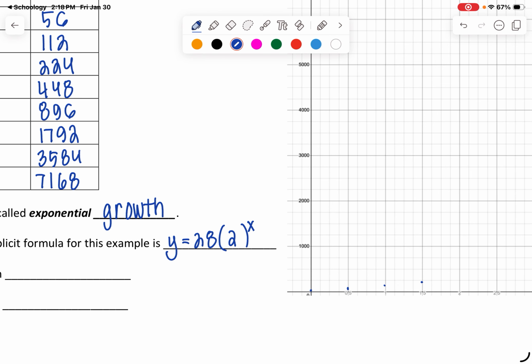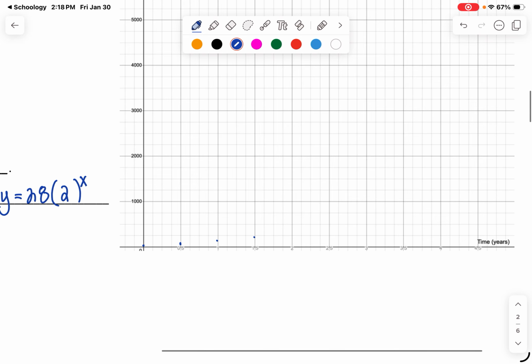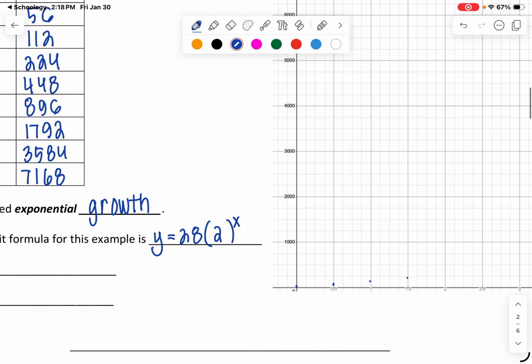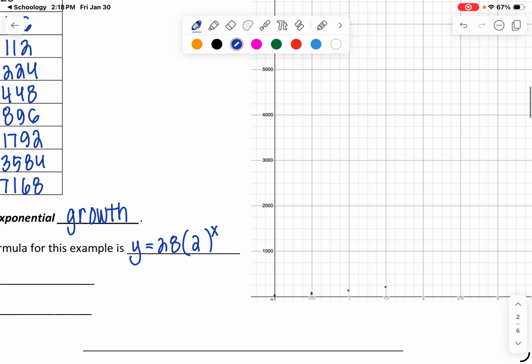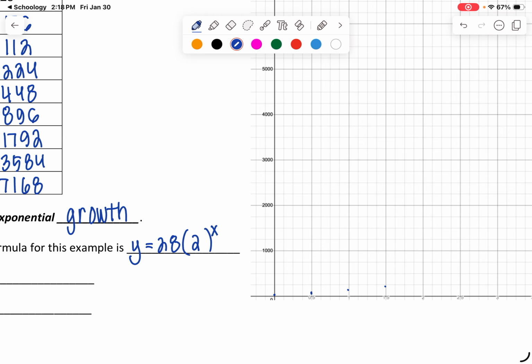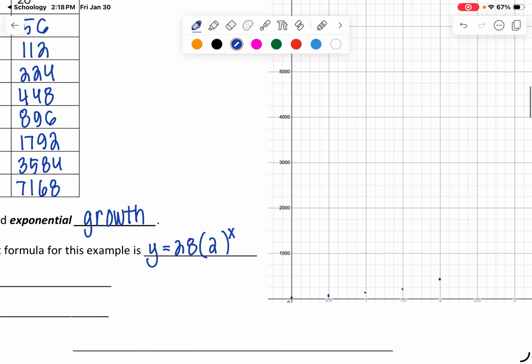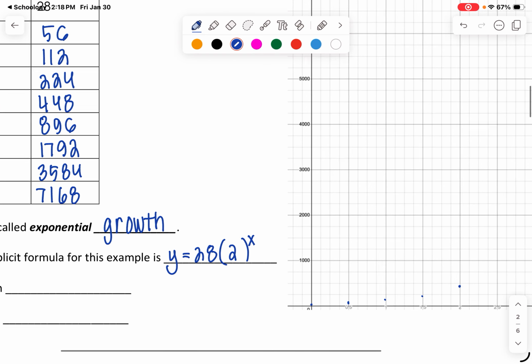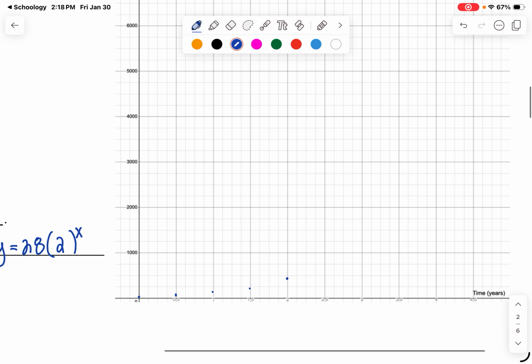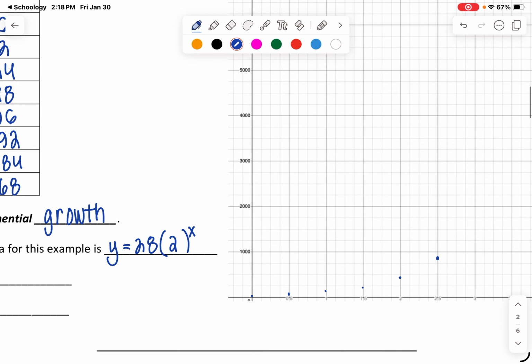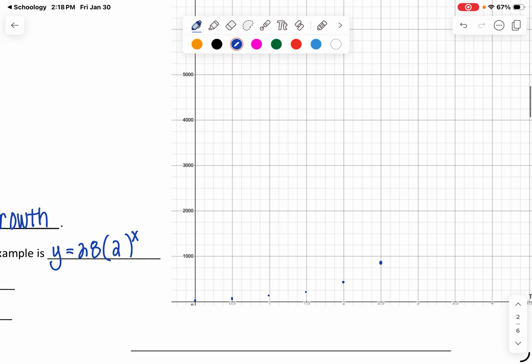So we're getting closer to there. It looks like a line so far, right? And then 6 months after that, at 2, we're at 448. So we're here. And then at 2.5, we're at 896. So like here. And then at 3, we're at 1792.